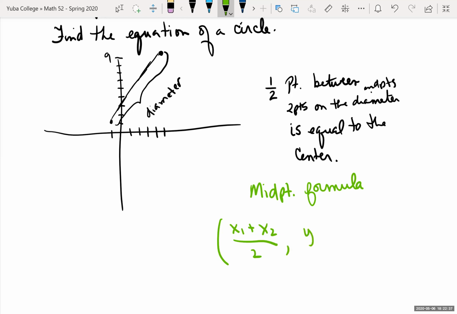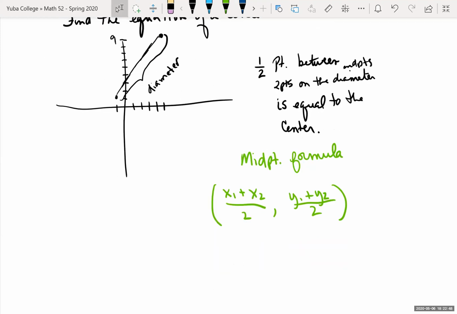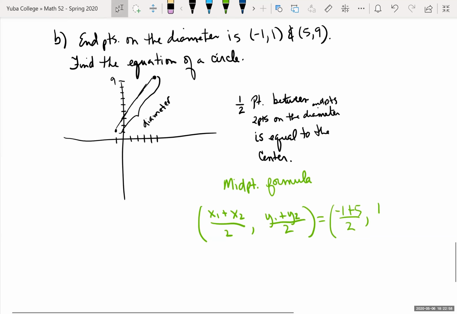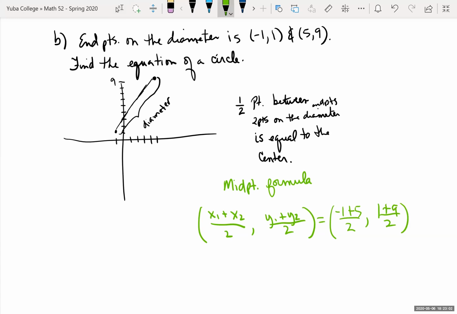Sum your y values and divide by 2. Okay, so our x value, so -1 plus 5, divided by 2 is the x value. The y value is 1 plus 9, divided by 2.